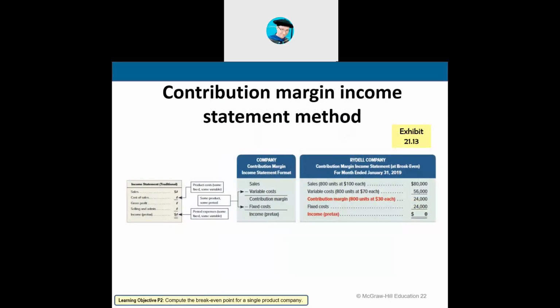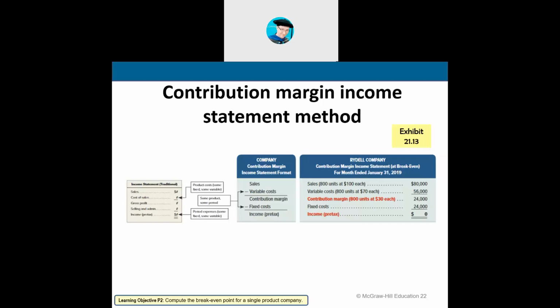Another method of computing break even is what we call the contribution margin income method. In this method, we take our total sales, minus total variable costs, equals contribution margin, minus your fixed costs, equals your total income. Think of it like your income statement.